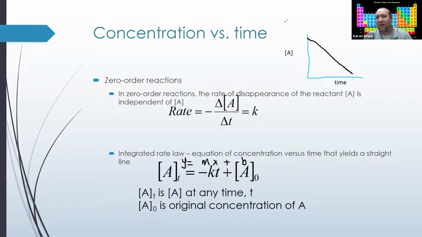So when we get this kind of graph for our reactant concentration over time, we know that reactant is zero order.